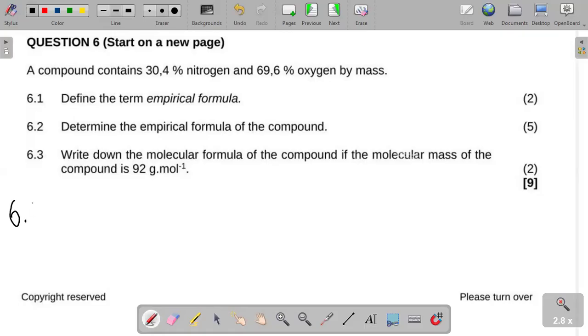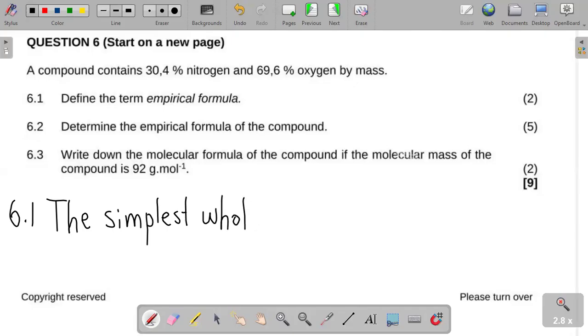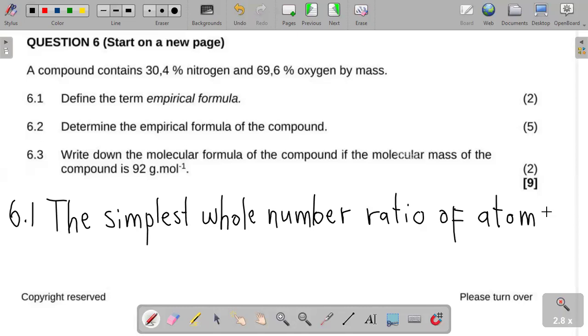This is the simplest whole number ratio of atoms in a compound.